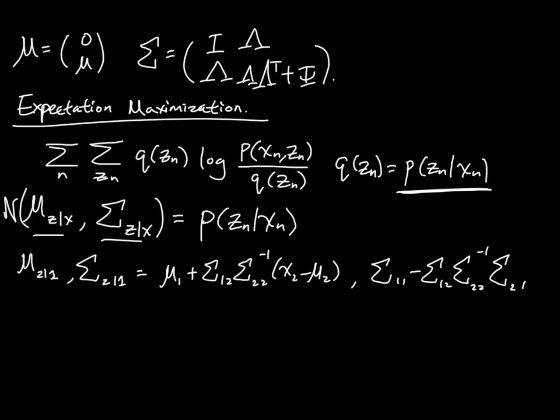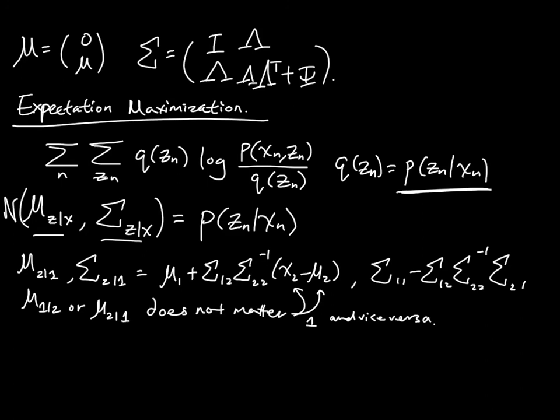So what does that mean in our case? Actually, it doesn't really matter whether you want mu of 1 given 2 or mu of 2 given 1. All you need to do is flip the numbers. Wherever there was a 2, you make it a 1, and wherever there was a 1, you make it a 2, and vice versa.